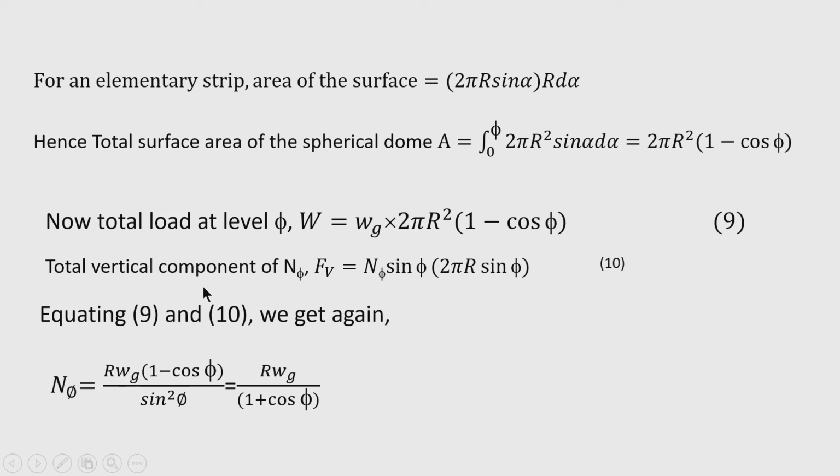Then the vertical component of n phi, that is n phi sin phi, is the component per unit length, and this is multiplied by the circumference of the parallel circle, 2 pi r sin phi. So, now equating this force to the load W, we get n phi equal to r W_g over 1 plus cos phi.